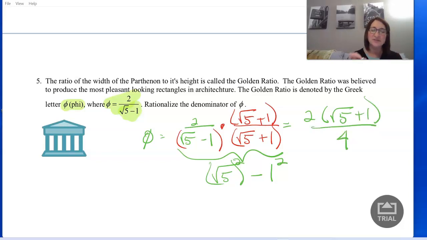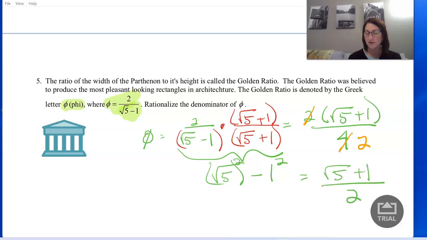I can reduce this. The 2 goes into 4 twice. So my final answer would be the square root of 5 plus 1 in the numerator over 2. There we go.